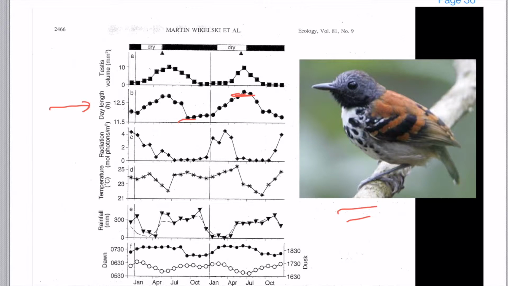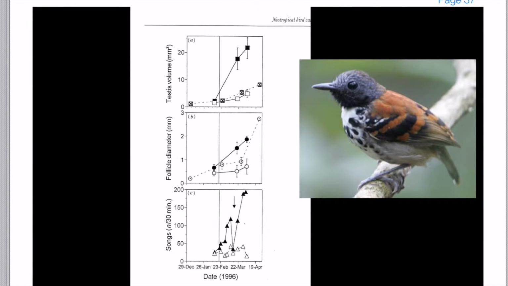And yet the top graph shows this same cycle of testis size and other variables as well. So the bird's going through the cycle and yet is not exposed to dramatic changes in day length. In this study, they brought the birds into captivity and experimentally exposed them to different light regimes.